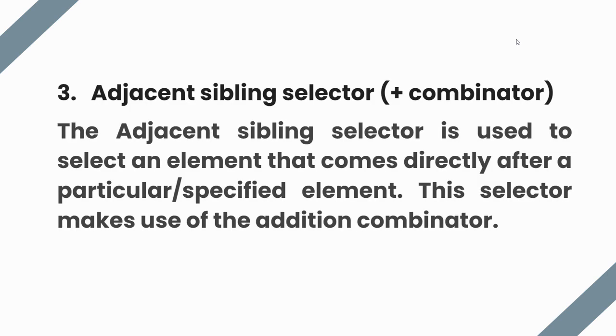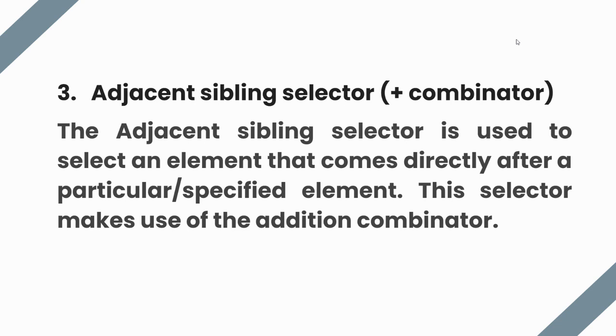For the third selector, we have the adjacent sibling selector. The adjacent sibling selector is used to select an element that comes directly after a particular specified element. Now, this particular selector is quite different from the descendant and the child selector, because the descendant and the child selector style whatever element is within themselves, but just in different ways.